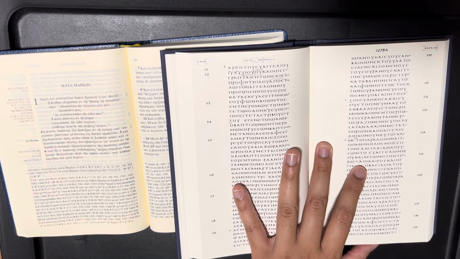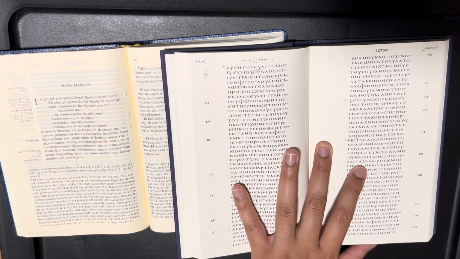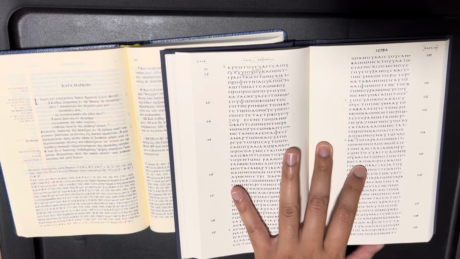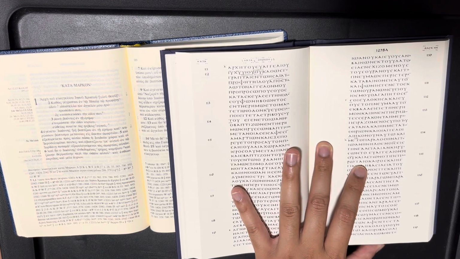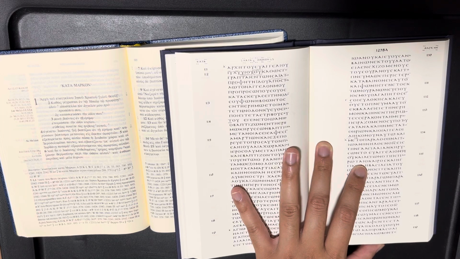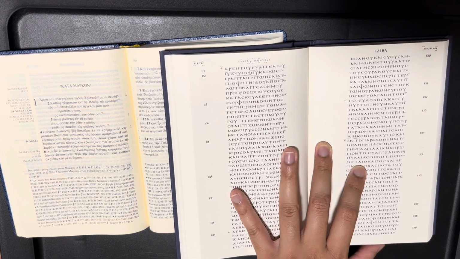So scholars don't believe in the neutral text. Basically, if you are familiar with textual criticism of the 19th century, Westcott and Hort, they have a third category called the neutral text, which is the Western non-interpolation, right?